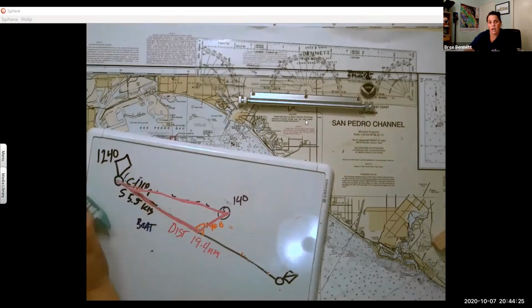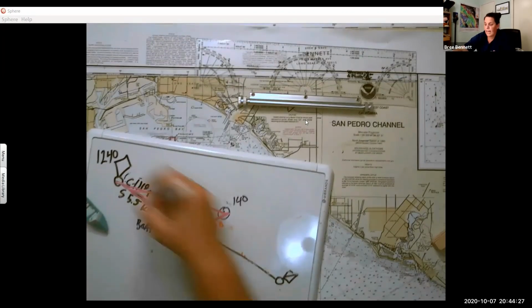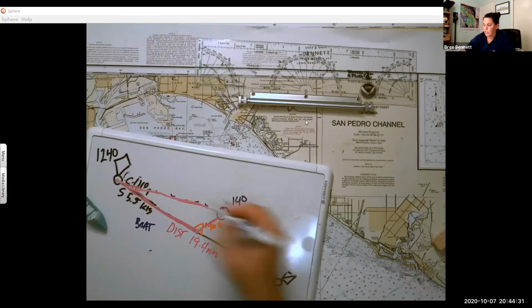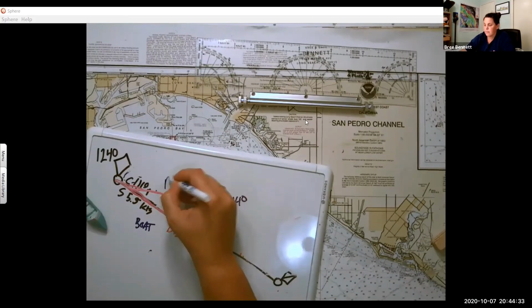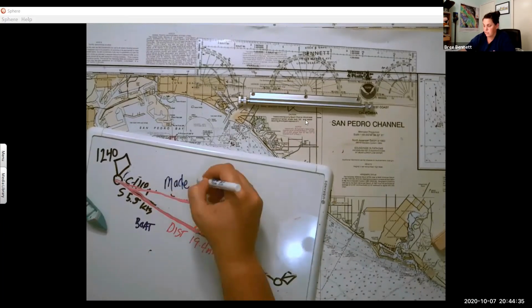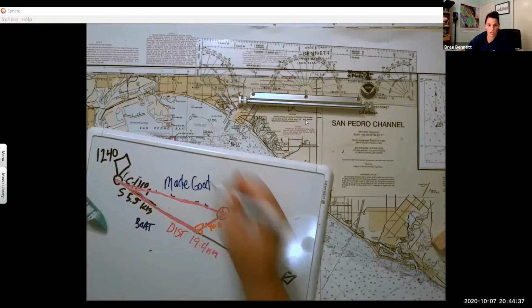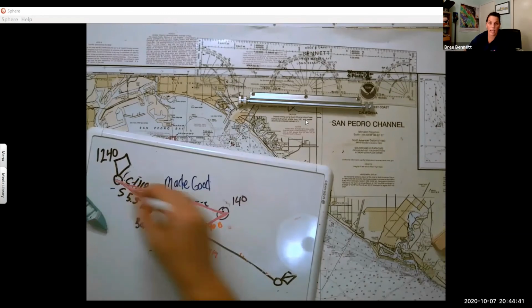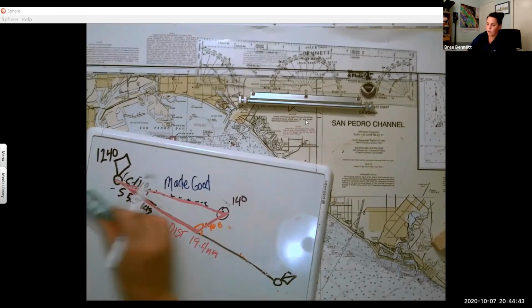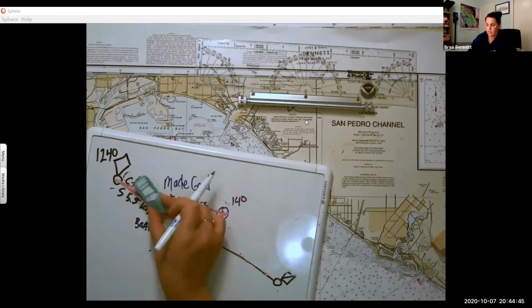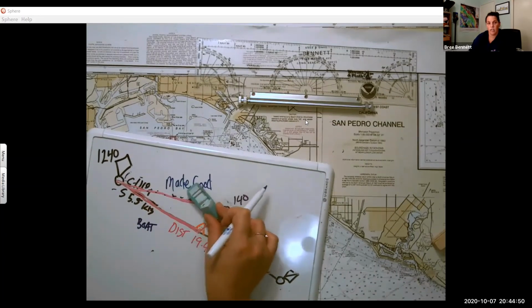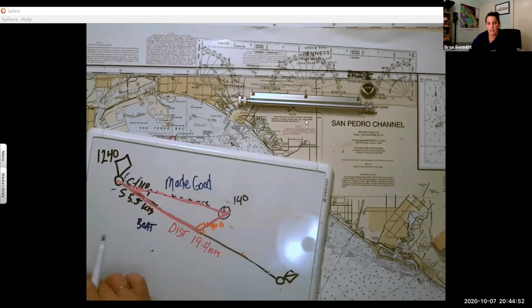This is what we thought we were going to do. What actually happened, we were here, and then we ended up here. So this would be our made good, our speed made good, our course made good. This is where our wake went. So even though my boat was pointing this way, it was actually going along the made good line.